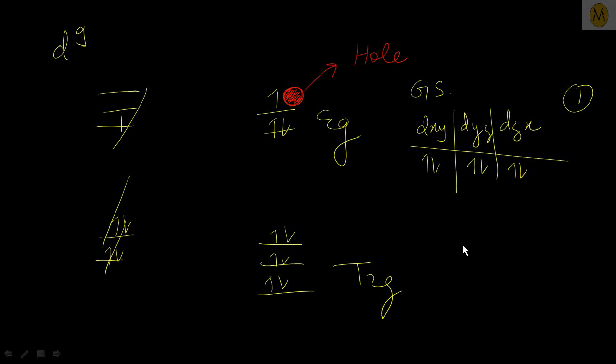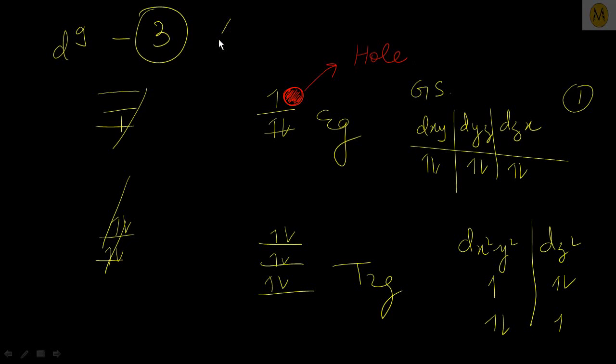Then we have dx square minus y square, dz square. We have 1, 2, or 2 and 1. So we have a total of 3 arrangements in the ground state.